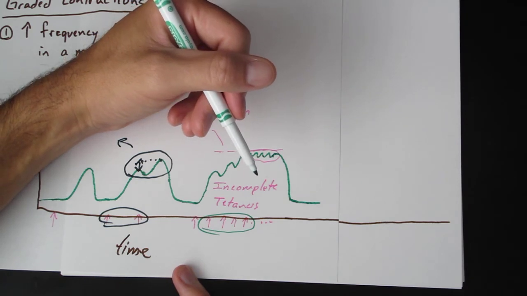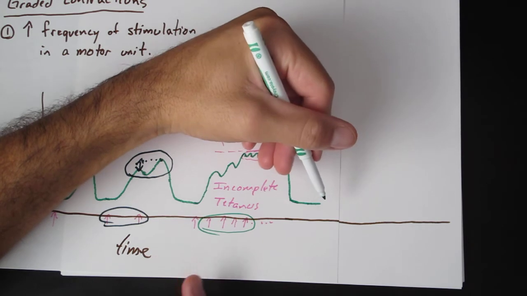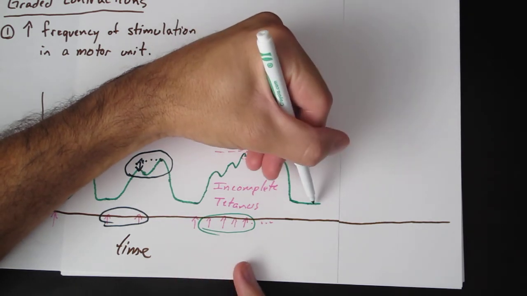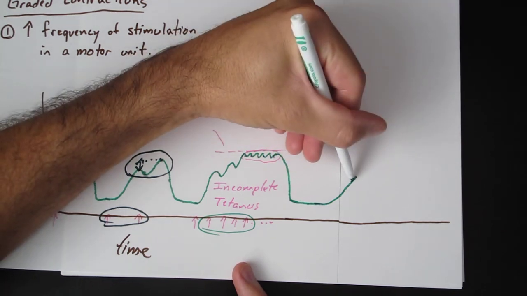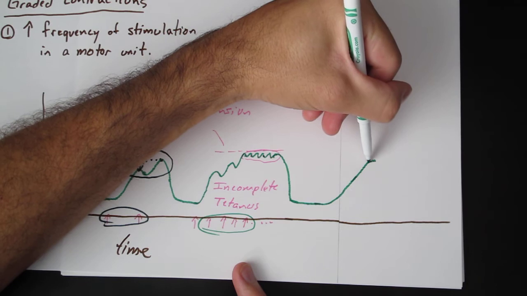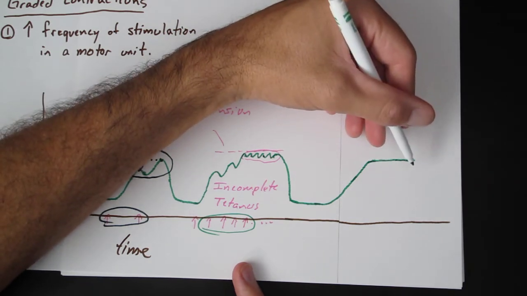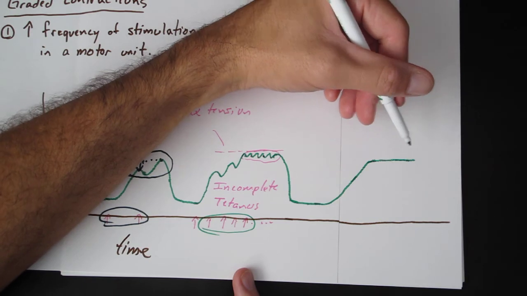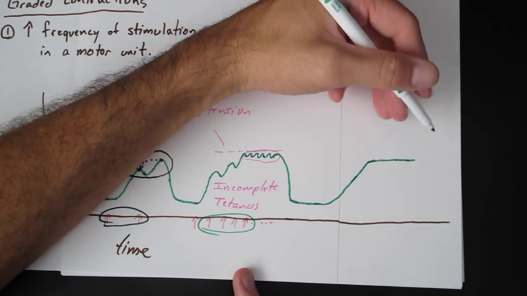I'm going to move them even closer together. All right. So I'm going to really start to just hit this muscle cell with action potentials. We're going to see a rise in tension. We're going to get to that same max tension, but there's going to be no relaxation between stimuli. So we're going to receive this constant, smooth state of contraction.